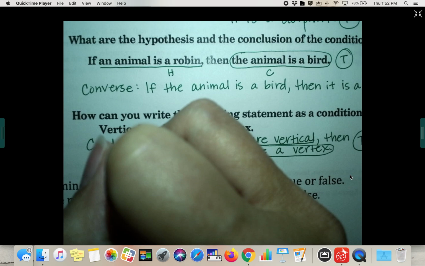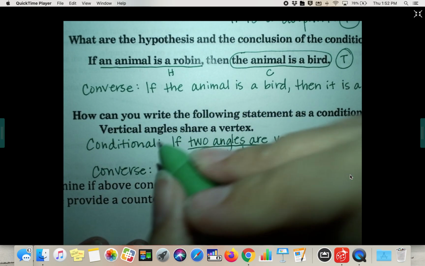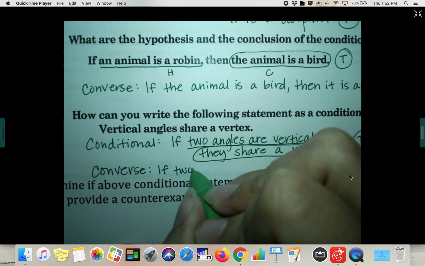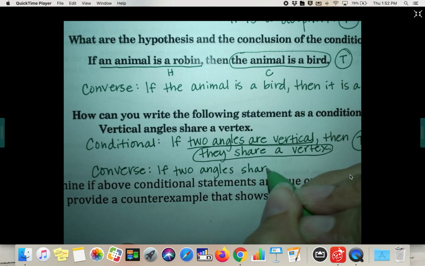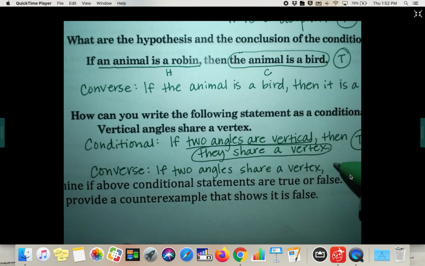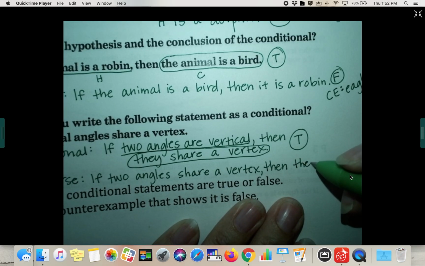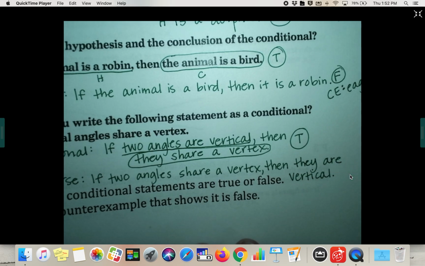The converse is, if two angles share a vertex, then they are vertical. Let's think about if that's true.